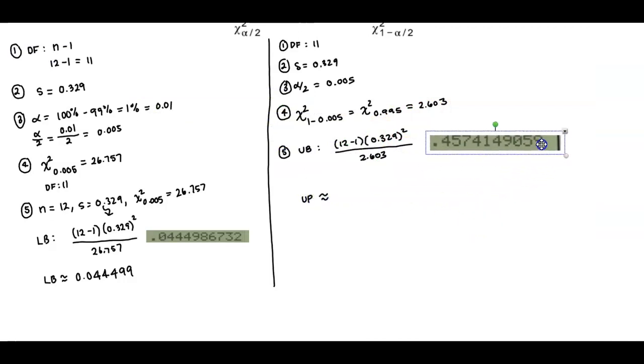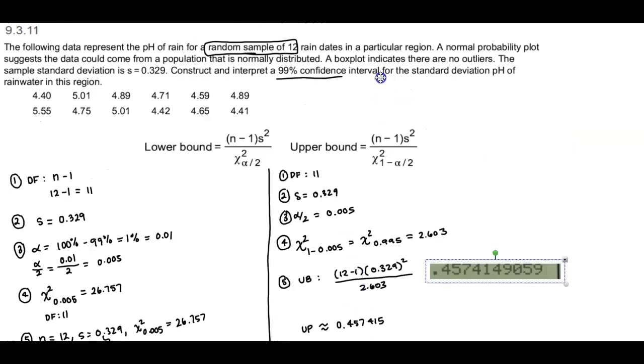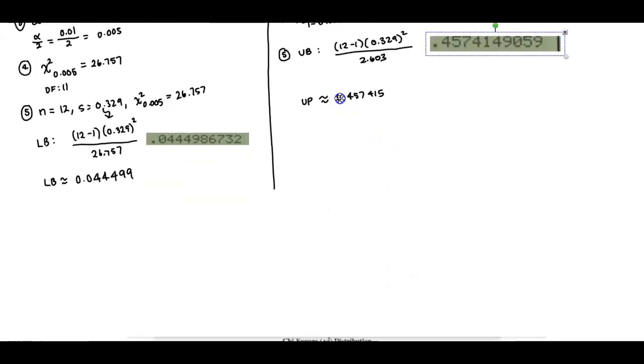We're going to round this number to 6 decimal places. So we get 0.457415. Now if we go back to the question, it's asking us to find the interval for the standard deviation. Right now these numbers represent the variance.